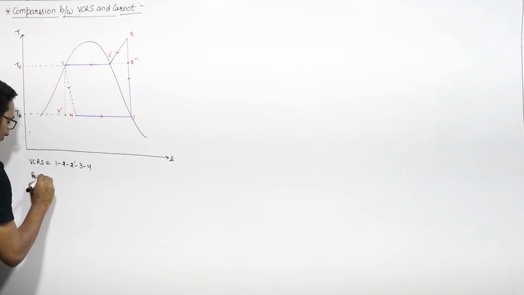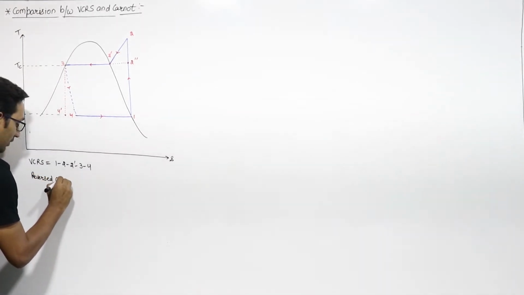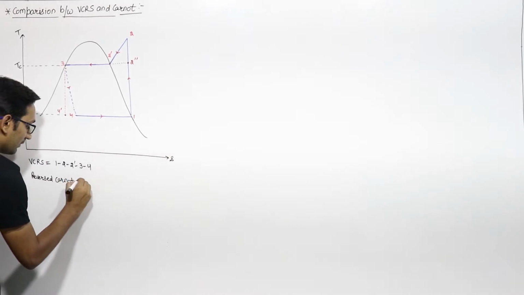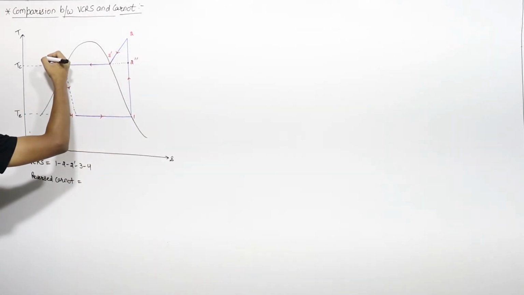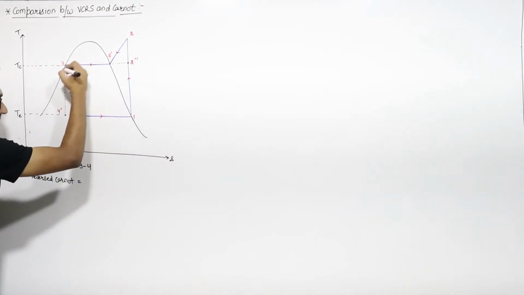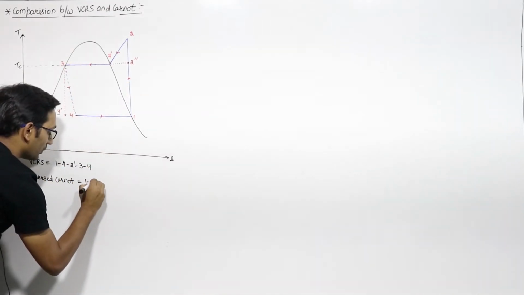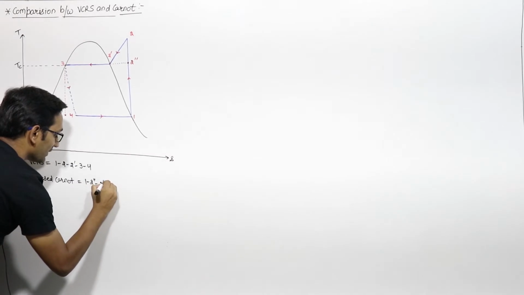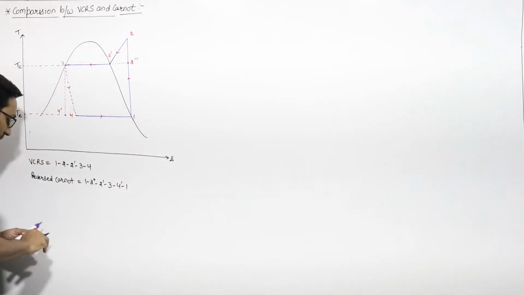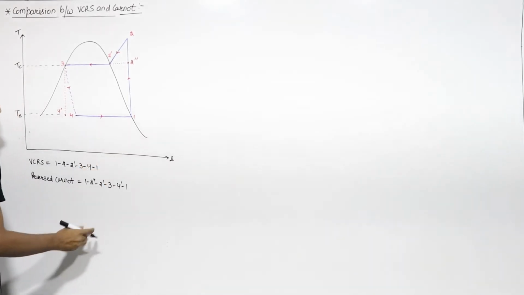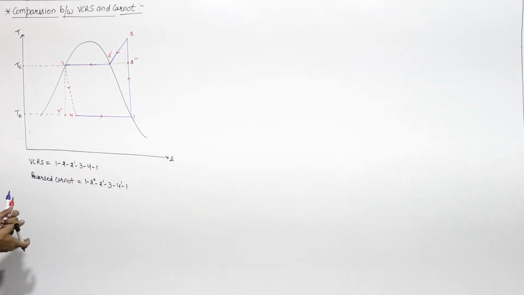And the reversed Carnot cycle is 1, 2 double dash, 2 dash, 3, 4 dash, 1, this rectangle. So this is the reversed Carnot cycle.